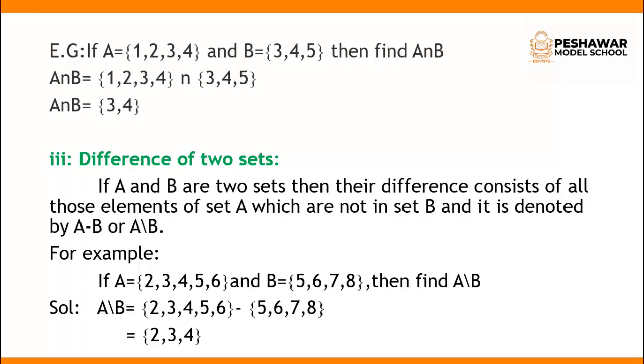So the elements of set A are 2, 3, 4, 5, 6. We put here the sign of difference. Then we put the values of set B, which are 5, 6, 7, 8. Now you have to find which numbers are common among these two sets. 5 is common, 6 is common.